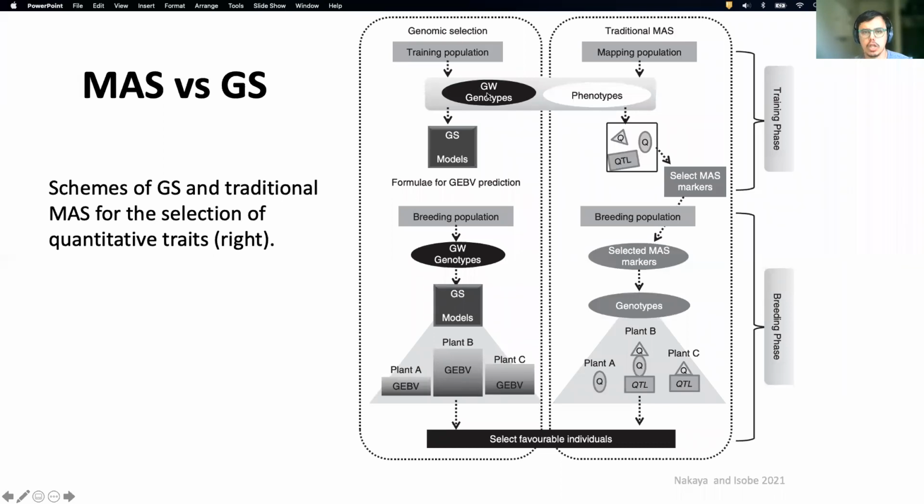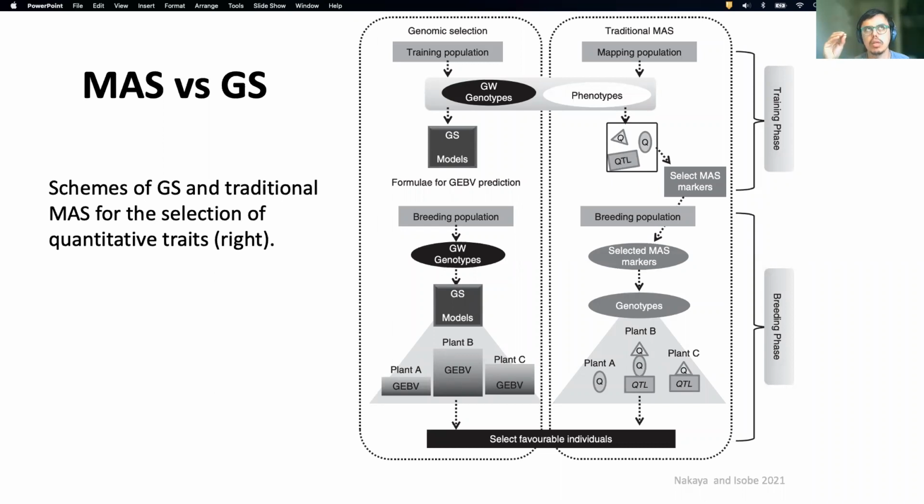So you need the genotype and you need the phenotype. And with that information, using a biparental population or a diverse panel, you are interested in finding the molecular markers that have association with the QTLs.